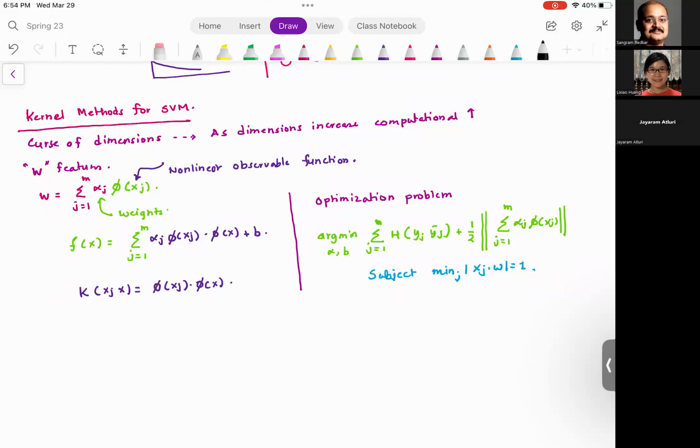The typical kernels that are used are the radial basis function and the polynomial kernel, and depending upon the time, resources, and accuracy you need, you can choose a particular kernel.